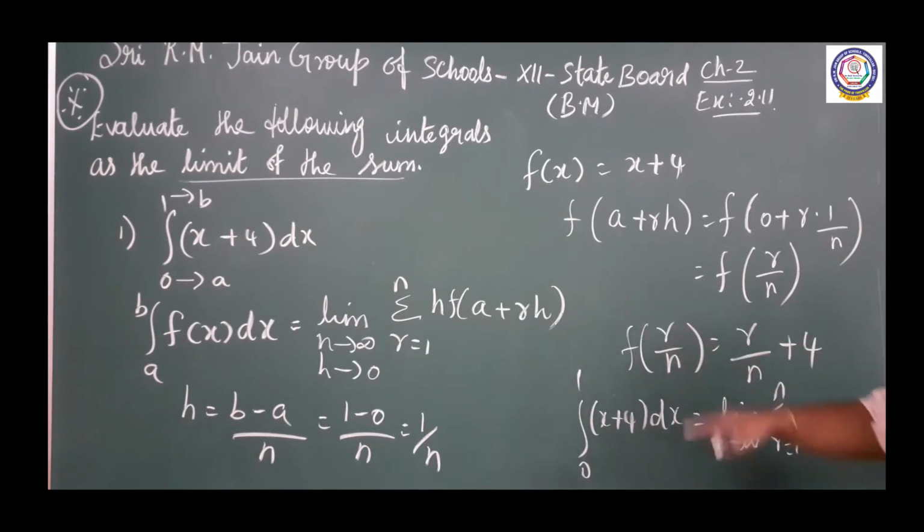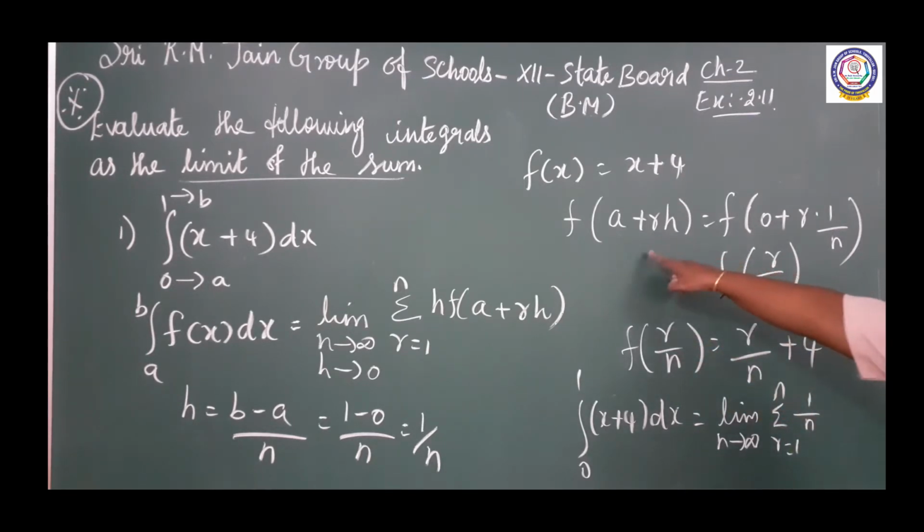What is the h value? h equals 1 by n. f of r by n, that is f of a plus rh, is nothing but r by n plus 4.